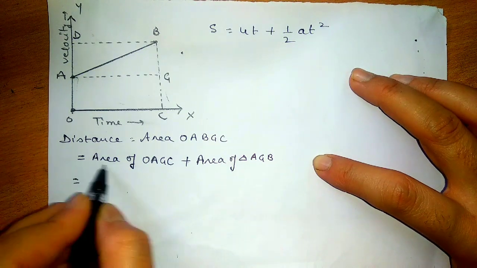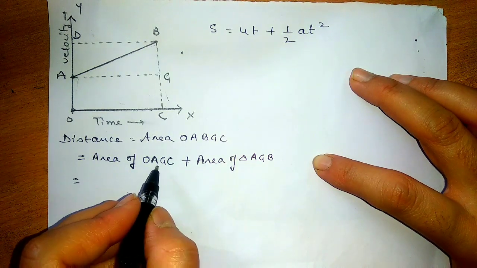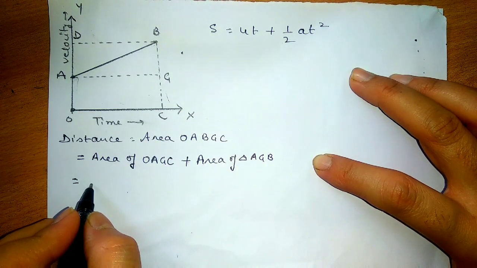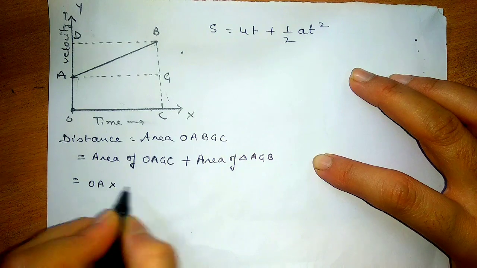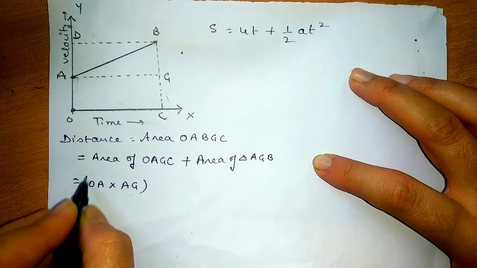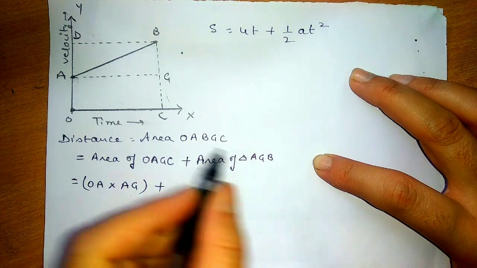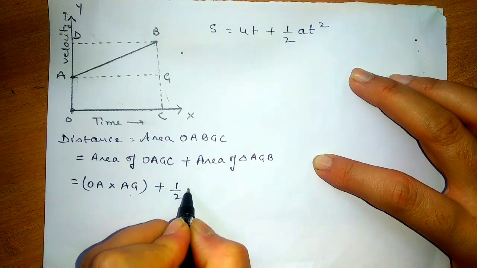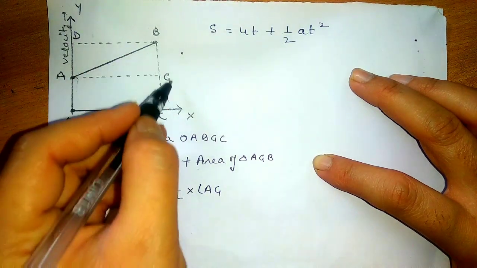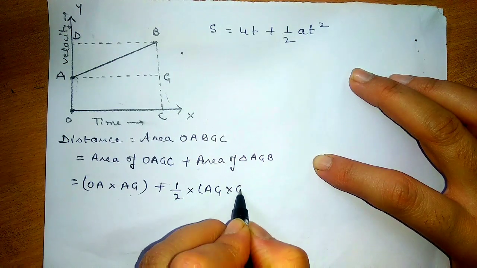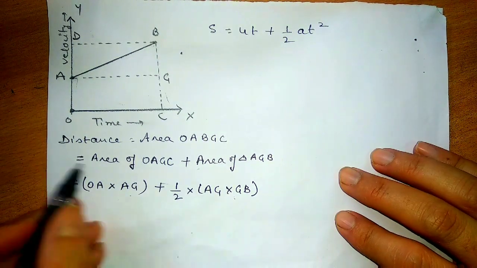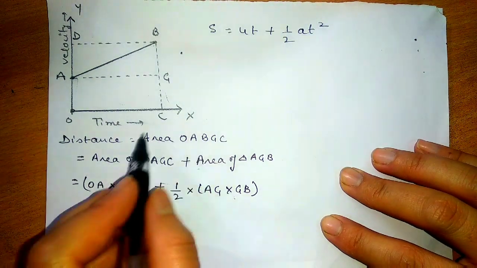So the area of OAGC is length into breadth, so OA into AG, and OC is the same thing, AG, plus the area of triangle AGB, so half into base AG into height GB. Summing up these two, we get the distance, as this is the area enclosed in this graph.